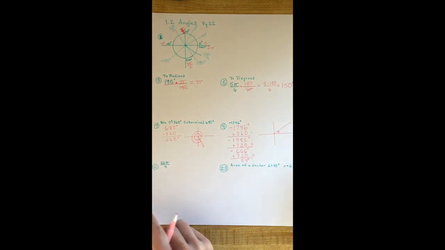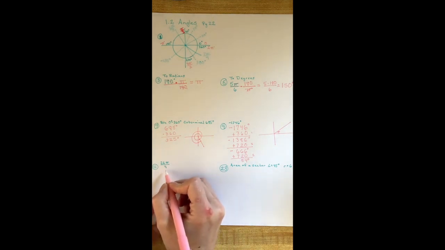So for number 11, it's the same thing, but this time they've given you radians instead of degrees. If you really needed to, you could write that out as degrees and do it from there. But let's try this using radians. So remember, we have to add or subtract a full rotation to find the coterminal angle. So a full rotation for radians is 2 pi.